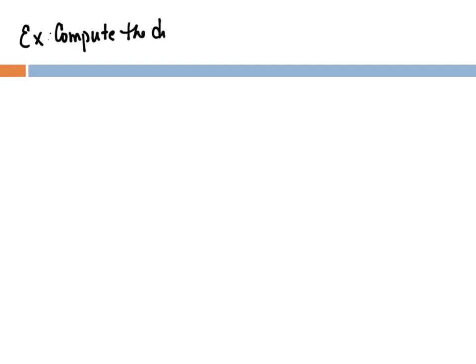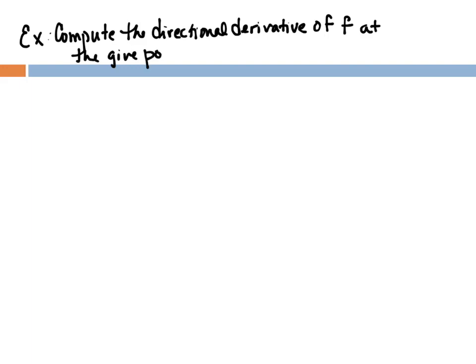Compute the directional derivative of f at the given point in the direction of the indicated vector.